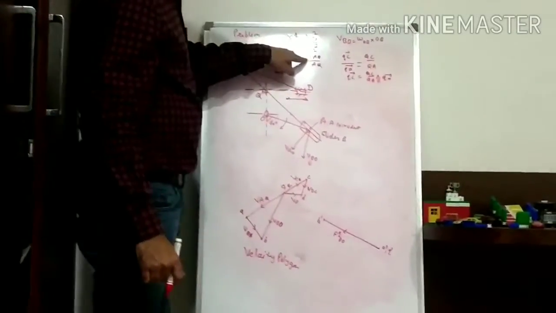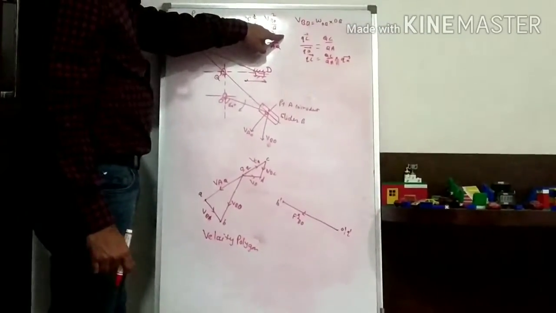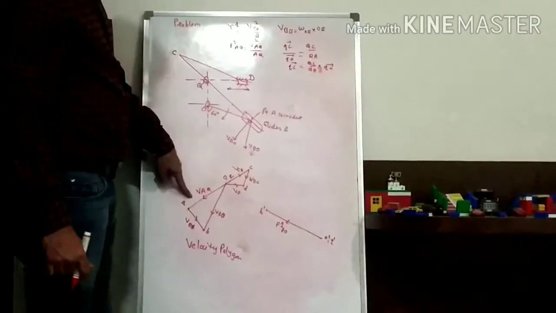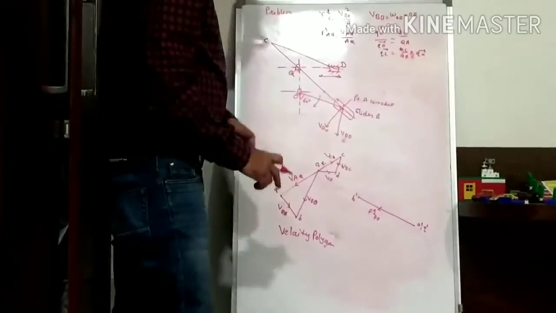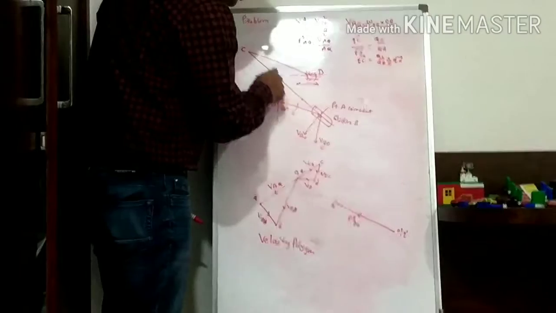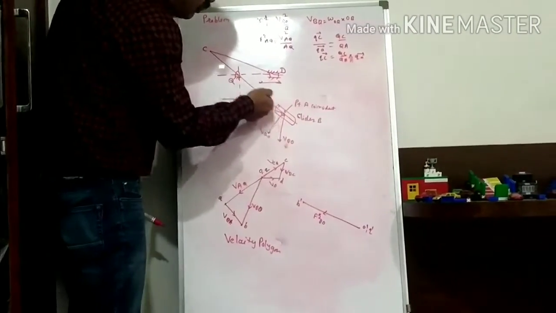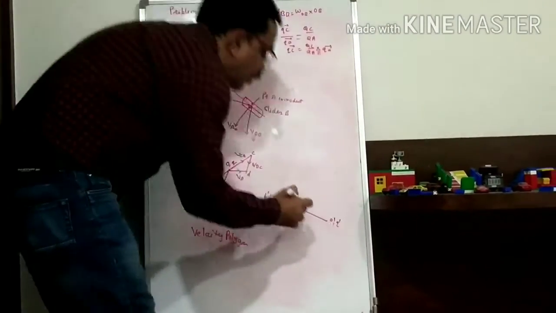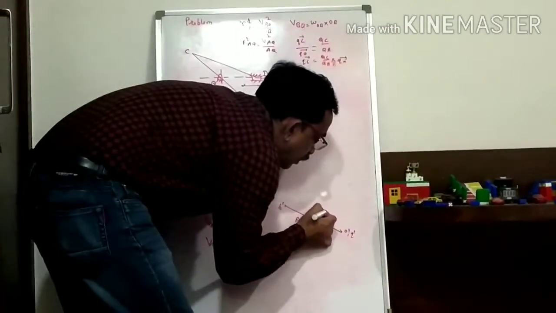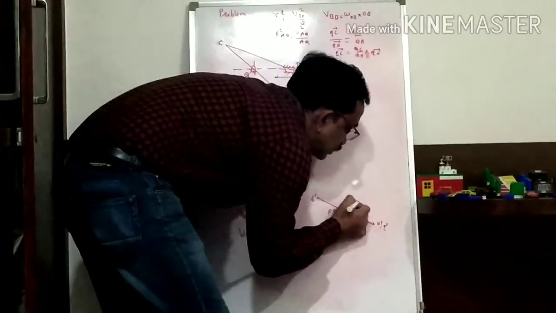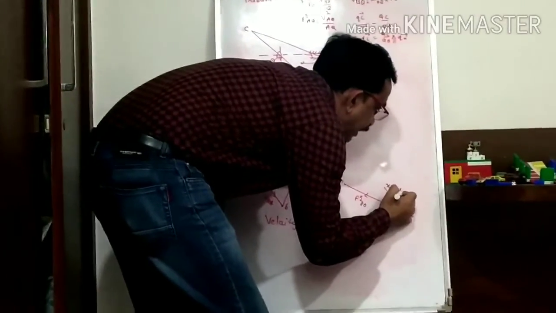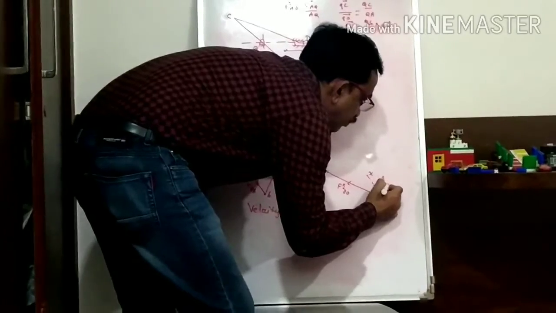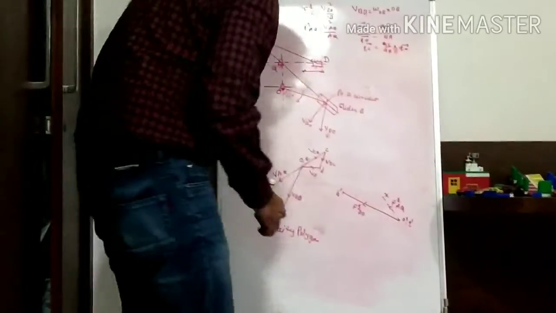This velocity of A with respect to Q, we will get from this velocity polygon. So draw the vector which is parallel to QA, in direction towards the point Q. So draw the vector Q dash X, which represents the radial component of acceleration of A with respect to Q.